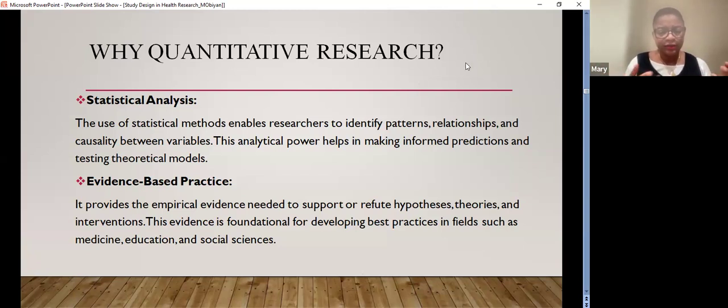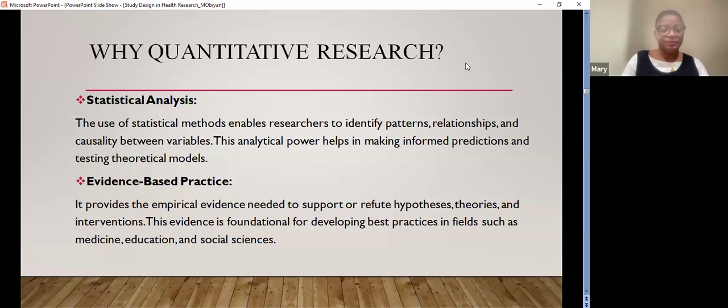Why? And we already have, no, you must use this. This is what explains this. Quantitative research will help you to identify this is the pattern, and this is what explains this association or this pattern that you are seeing. Or it's actually different. It's not related at all. So it will help you to support or to refute hypotheses.